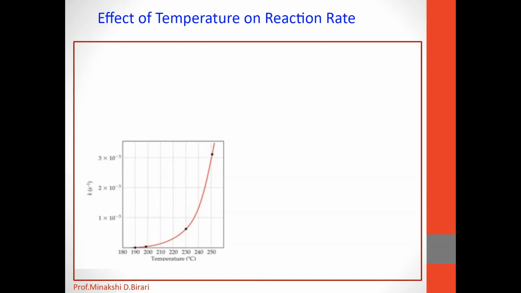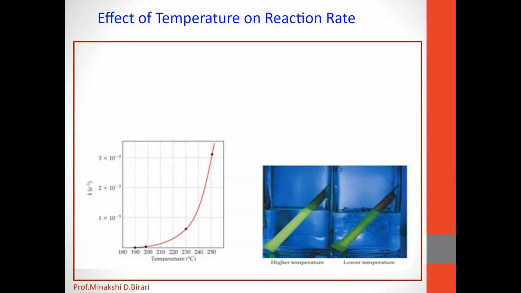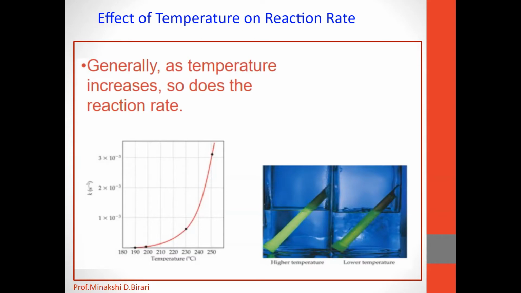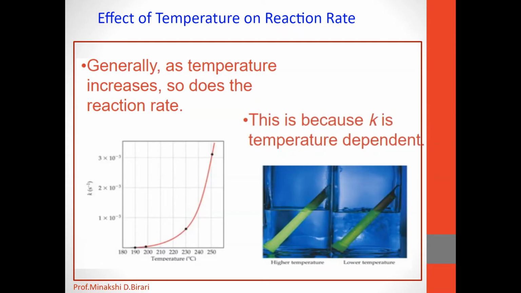This increase in the reaction velocity with temperature is sometimes expressed in the form of temperature coefficient. So, generally as temperature increases, the reaction rate also increases. This is because the rate constant or velocity constant K is temperature dependent.